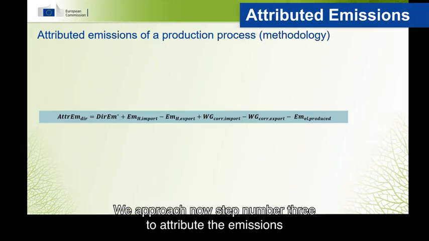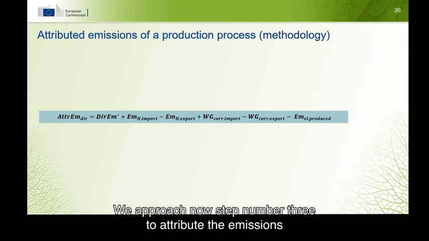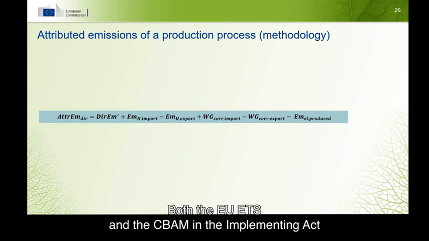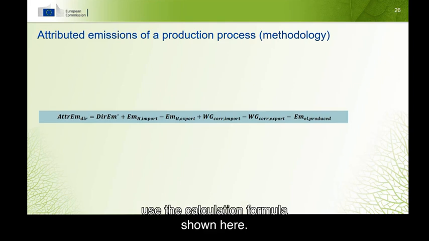We approach now step number 3, to attribute the emissions to the relevant production processes. Both the EU ETS and the CBAM in the Implementing Act use the calculation formula shown here.